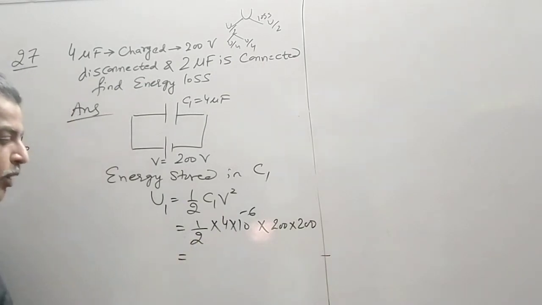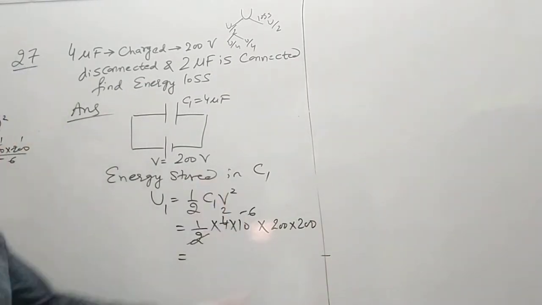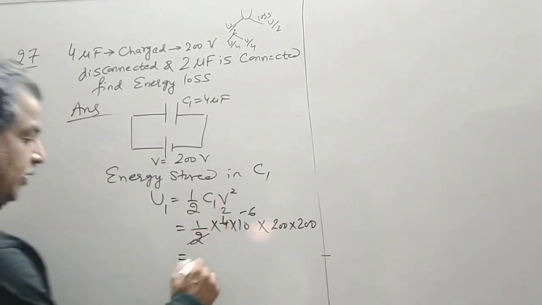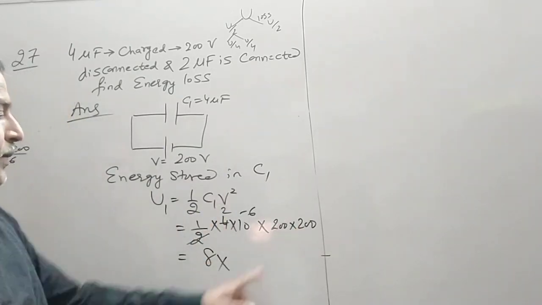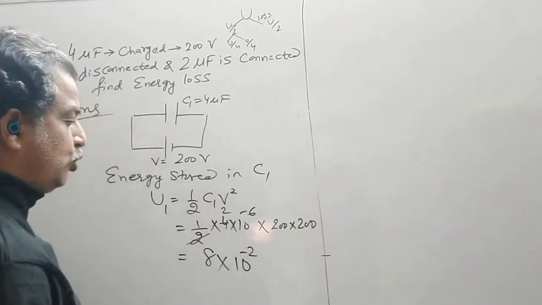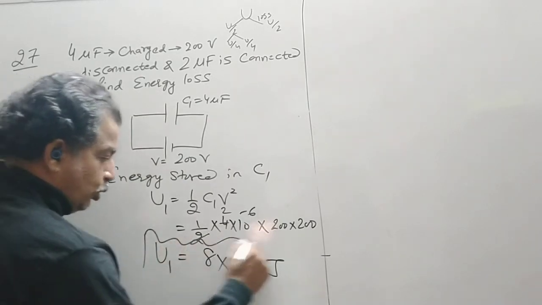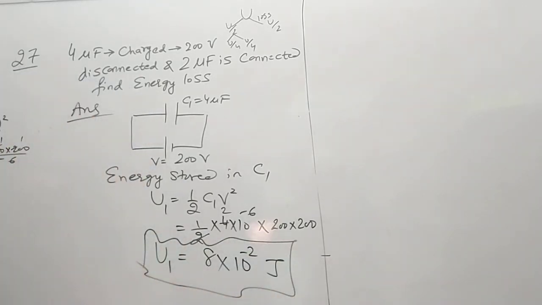So this is equal to 8 into 10 raised to minus 2 joule. This much energy is initially stored in C1.